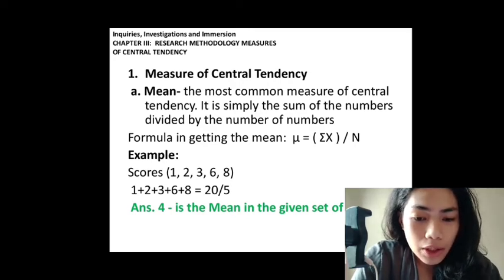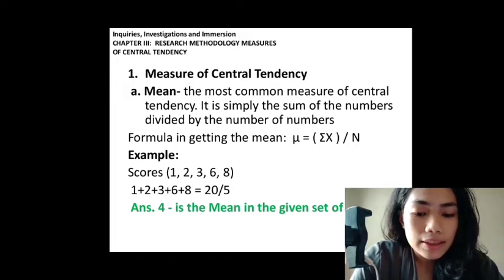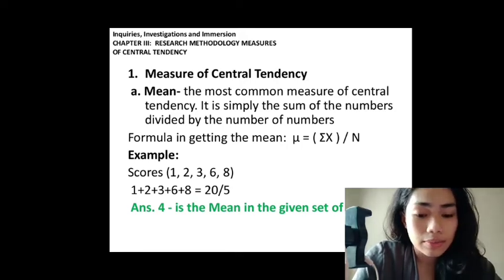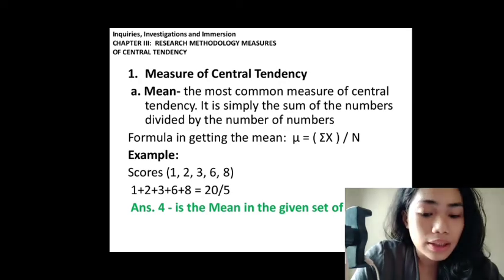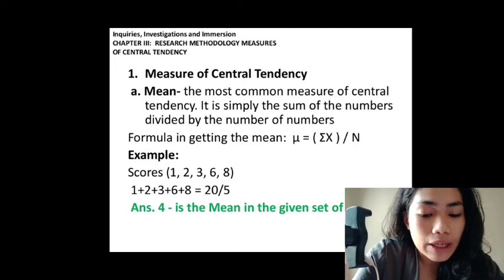May scores tayo ng 1, 2, 3, 6, and 8. I-add lang natin sila lahat. 1 plus 2 plus 3 plus 6 plus 8 equals 20. And we will divide the 20 by 5. So, paano natin nakuha yung 5? Bakit i-divide natin yung 20 sa 5?